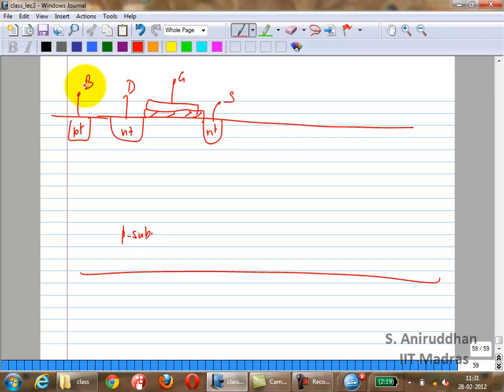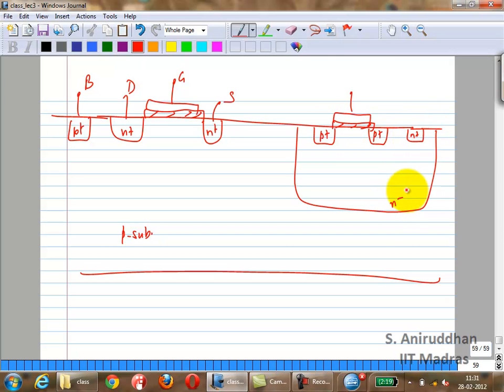Whereas the PMOS is actually going to be inside an N-well. We looked at this in the first class. So PMOS is going to be placed in an N-well, and you actually do have control over where you connect it.